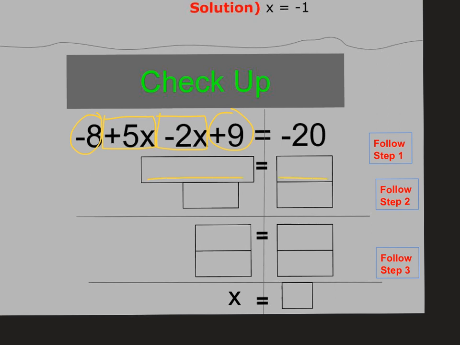Okay, bring down the negative 20. I'm not filling in the left side because you need to know that. So then when it says follow step 2, that's where you're going to be canceling out the term that is not directly with the variable. Okay, then over here you're going to have your new rewritten equation. And then the final boxes are for the last piece of canceling out the remaining value with the variable.